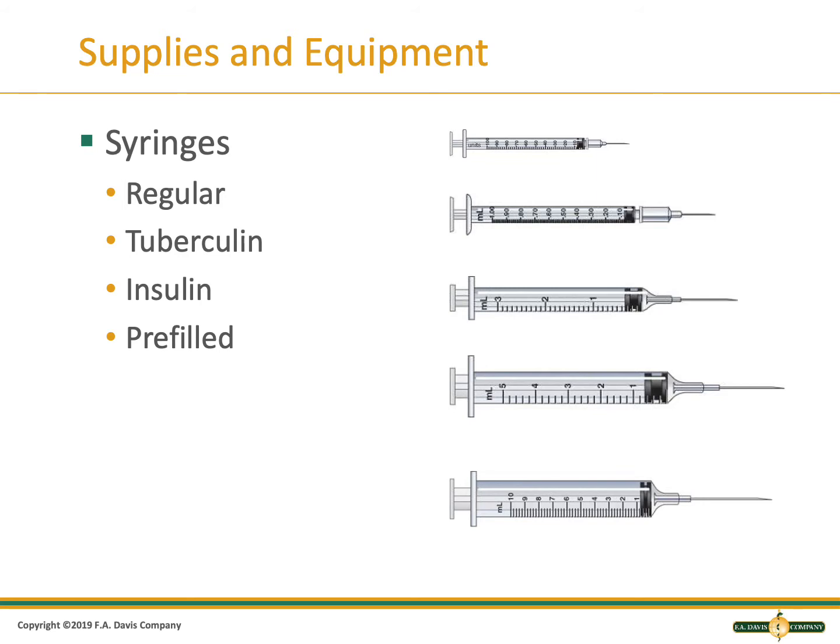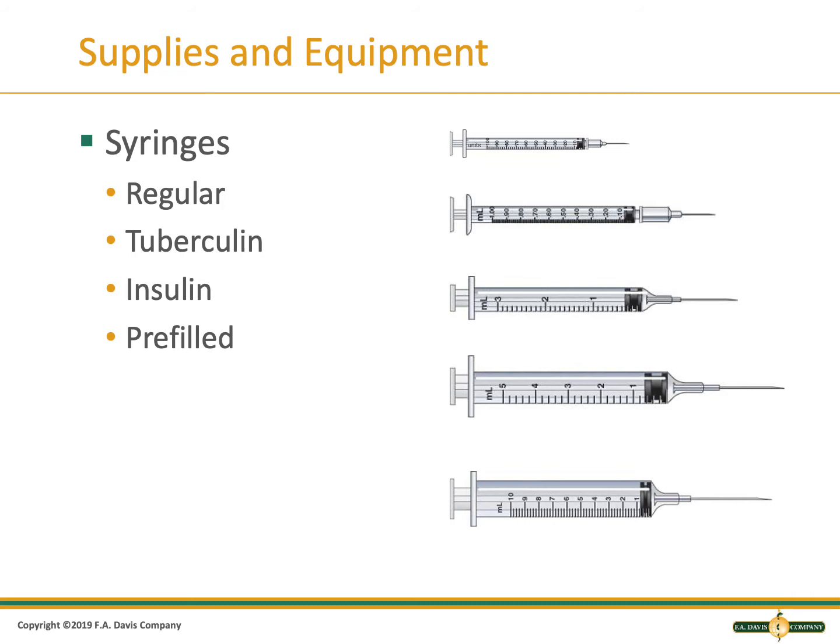This is talking about the supplies and equipment needed for injections. Of course, with syringes, there are regular syringes, which are calibrated in milliliters and come in sizes of either 1, 3, or 5 ml. There are tuberculin syringes. They're smaller in diameter.